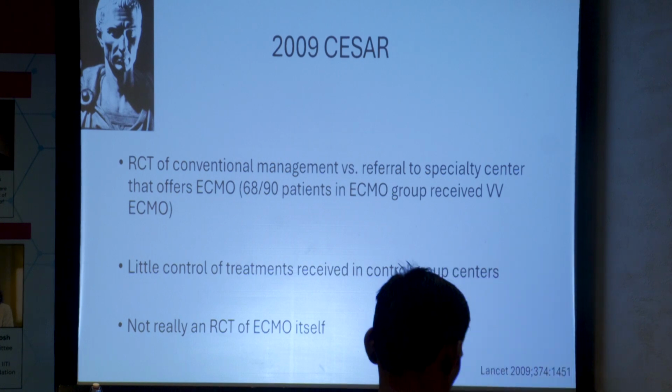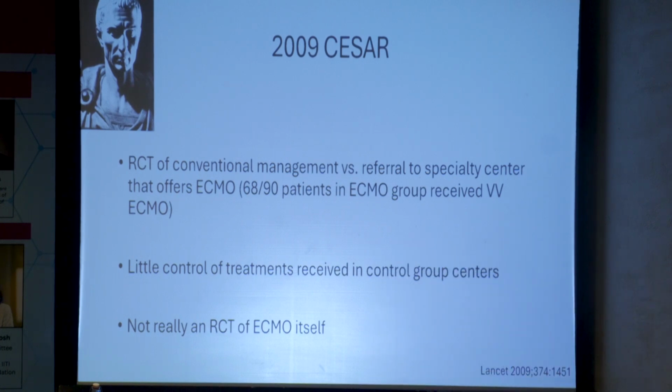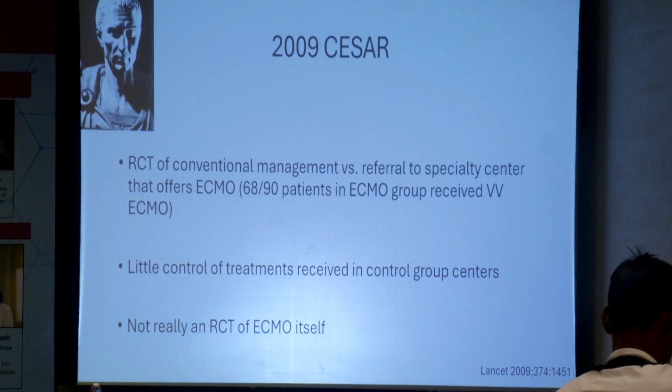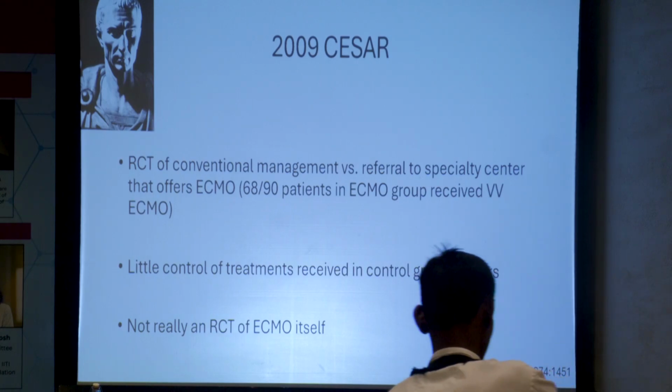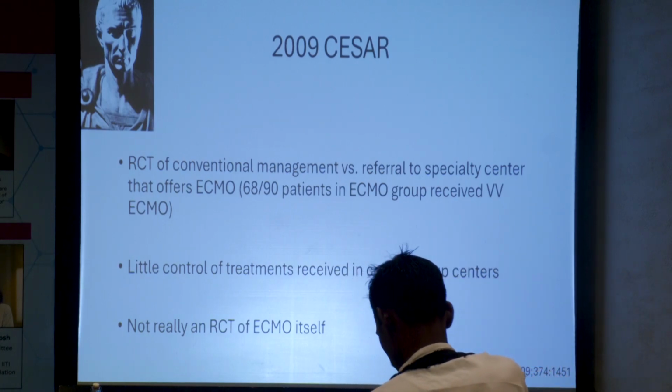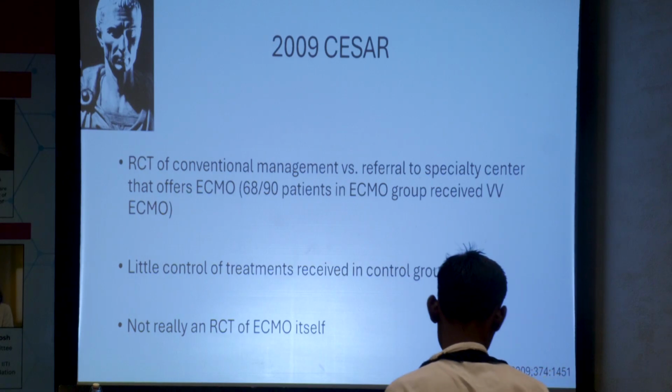And as you would expect from that description, of the 90 patients who were referred, 68 of them went on ECMO. So more than half, but certainly not 90% or 100%. So you're in the area of around 70-something% of the patients went on ECMO, and really no control of the treatments received outside of that.